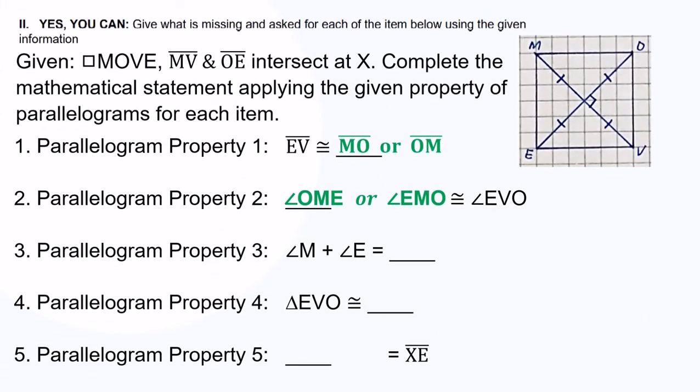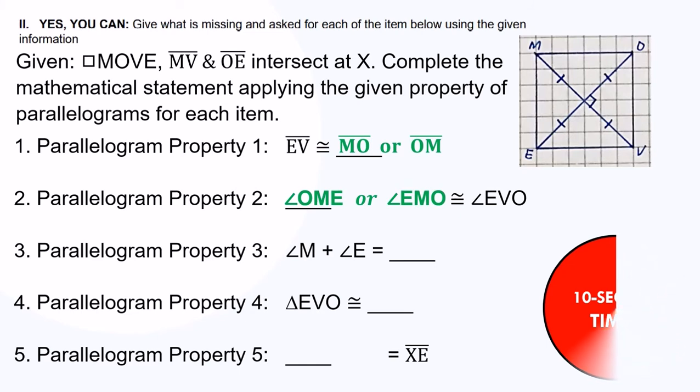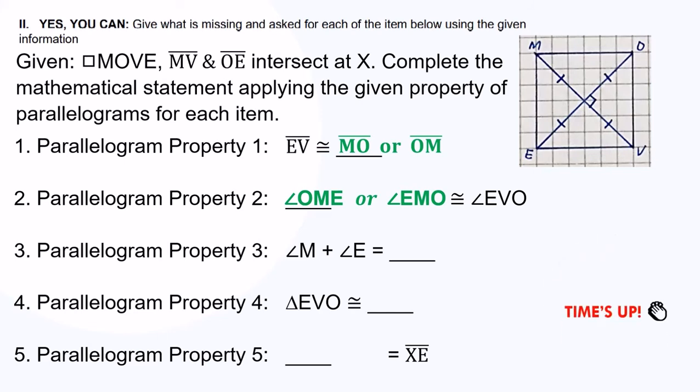Number 3. Parallelogram property 3. Angle M plus angle E equals blank. Your timer starts now. Correct answer, 180 degrees.